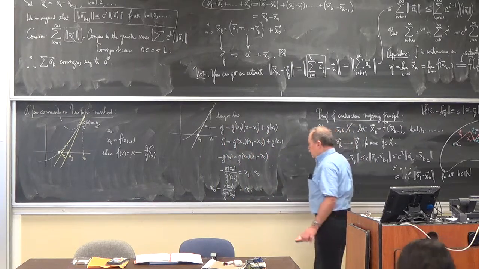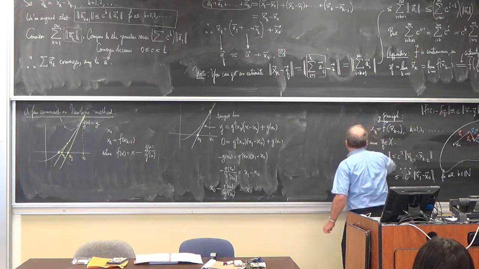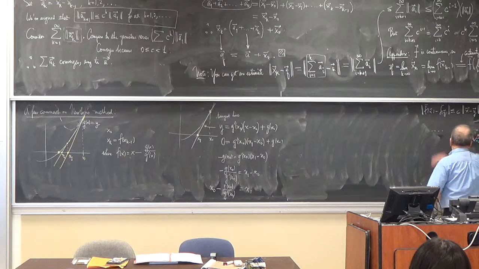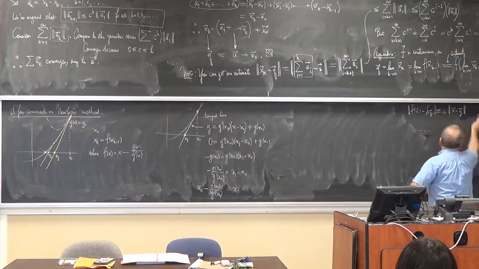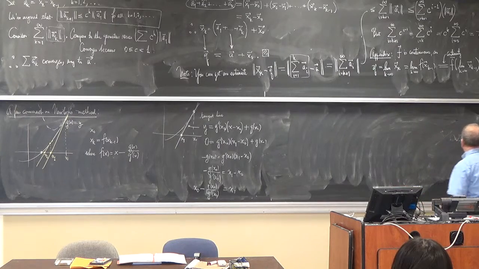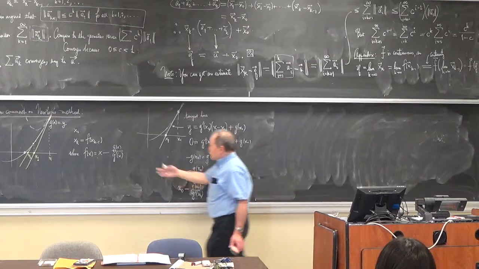So the question comes up then naturally, and this is partly to answer David, who wanted to know what was going on in number 8: is f a contraction map?